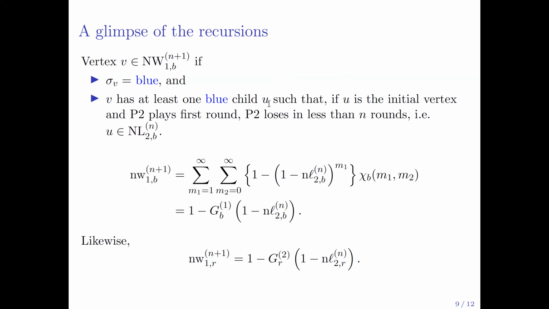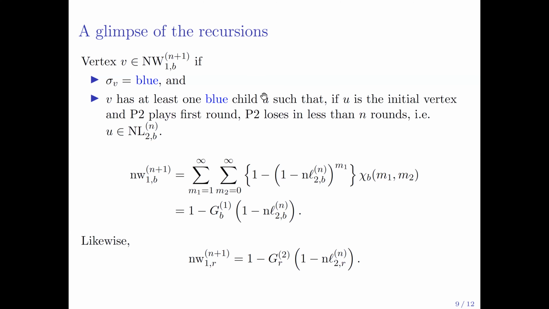And U must be such that if a game begins at U with P2 playing the first round, then P2 loses the game in less than n rounds. Less than n because in the first round you have already spent one round, so the remaining would be n. You start with n plus 1 and then you go to n. So hopefully this recursion is clear. Now all I'm doing is writing this mathematically.